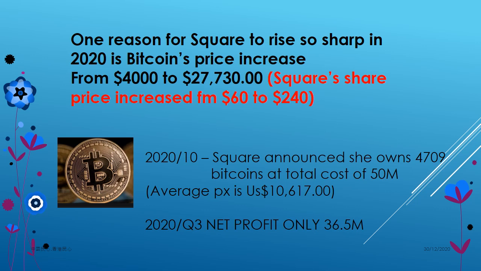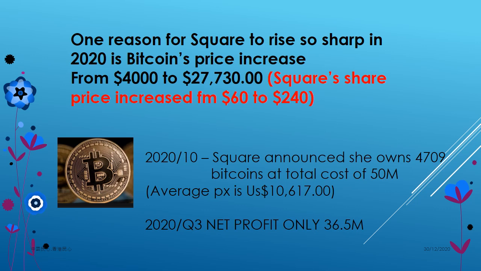What did Square do? Square's share price increased from 60 to nearly 4 times in 2020, right? And the Bitcoin price also increased from 4,000 to 27,730 per Bitcoin one day before.